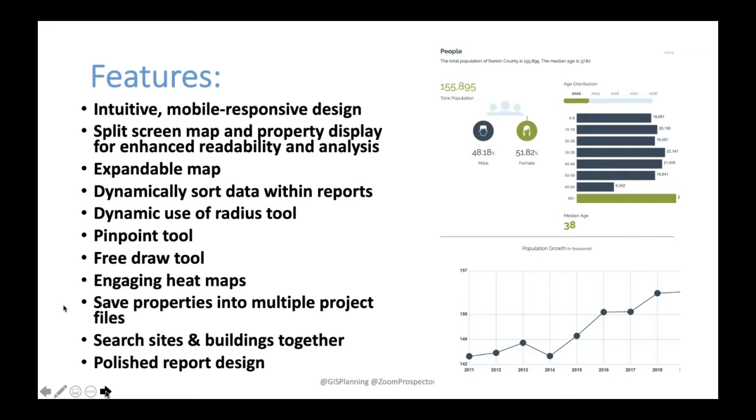You'll see that the data within the reports is dynamic. And what that means is if someone changes a variable or goes in and toggles a switch on or off, it automatically changes all of the data on the map and in the reports on the fly. So that makes it very nimble and flexible and easy to analyze.